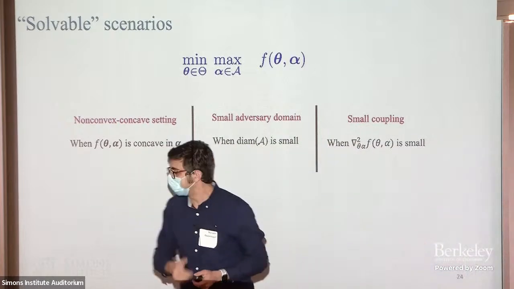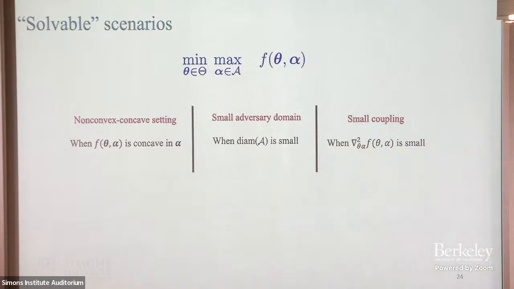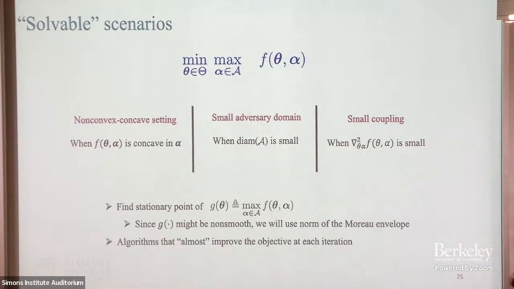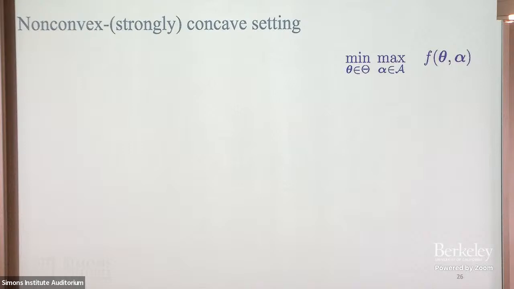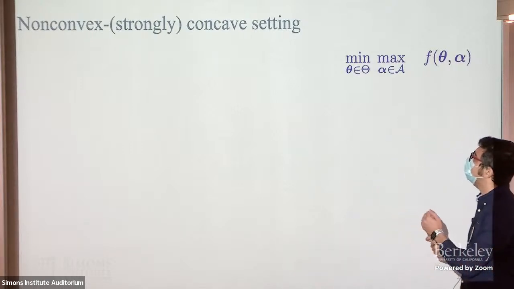So if this happens or this, you can come up with an algorithm. That's a very good point. And we again find a stationary point for G. The algorithms are going to almost always improve the objective at each iteration, improve your G.